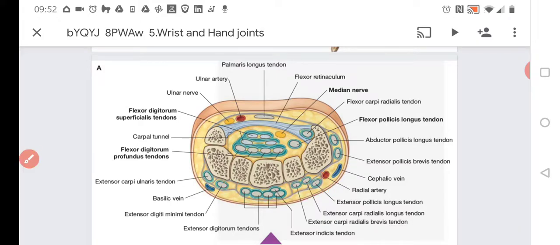Also, what is important, we have on the side the abductor pollicis longus and extensor pollicis brevis. So, generally, on the side of the thumb, we have the tendons that will enable movements of the thumb. Simply speaking.